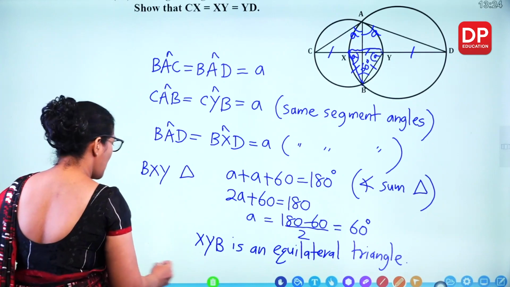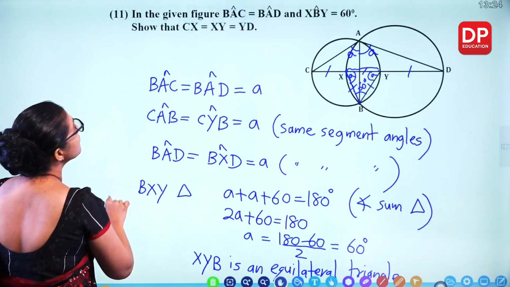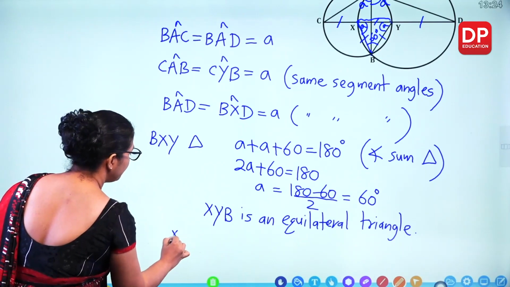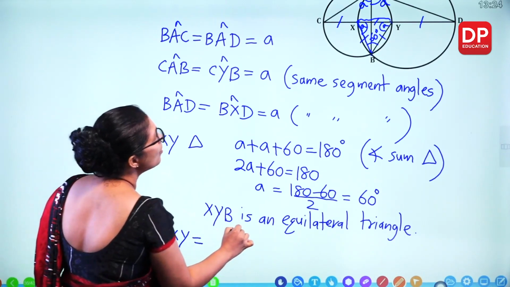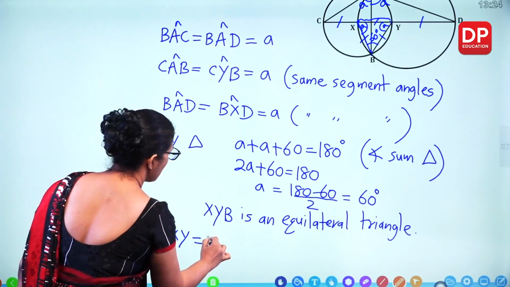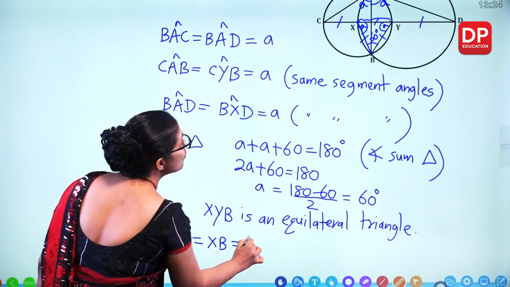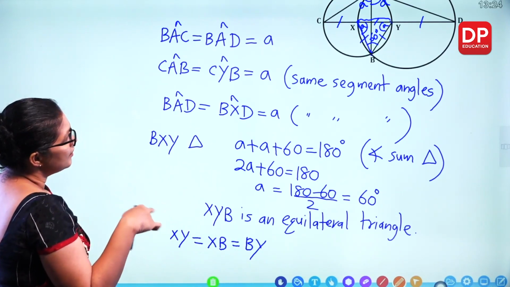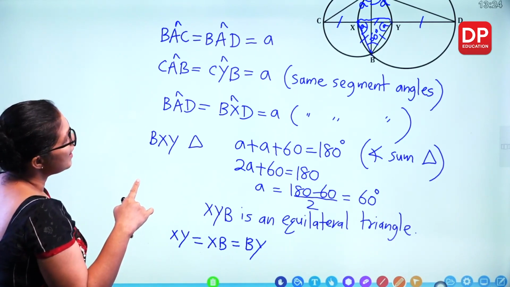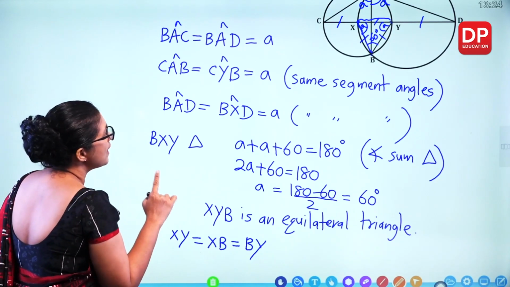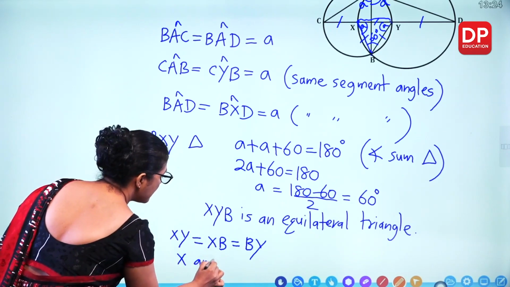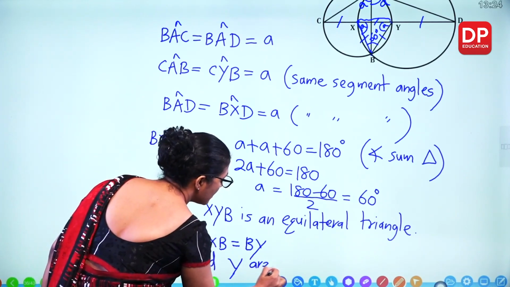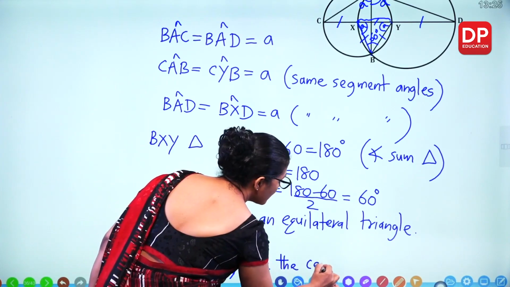So we can write down XY is equal to XB is equal to BY. Using the circle, you can say X and Y are the center points.